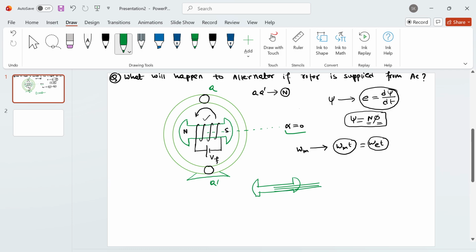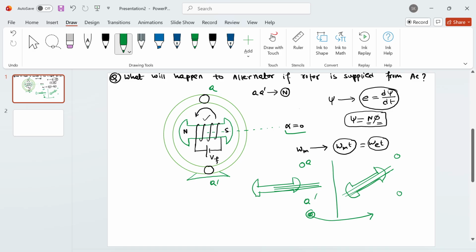After some time your rotor will move like this, and the flux lines are like this, and your coil is located here. Compared with the initial position, in the second position you have fewer flux lines passing through the coil. At t equal to 0 you have the maximum number of flux lines, and after some time t, the flux lines are decreasing.